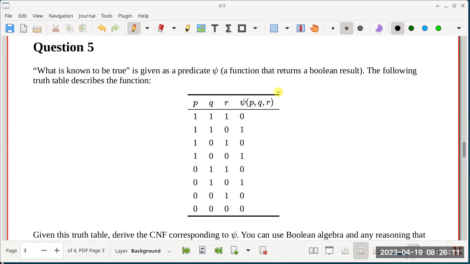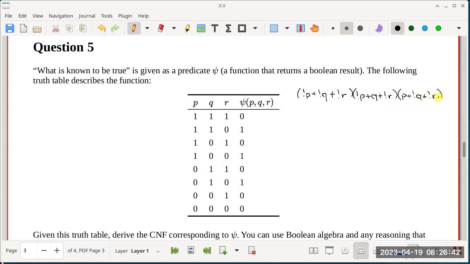So we'll go ahead and have not P or not Q or not R as one disjunction. We'll have this one, not P or Q or not R. And then we have this one here, which is P or not Q or not R.